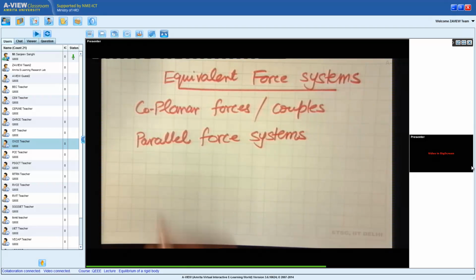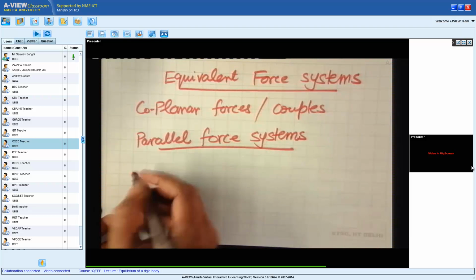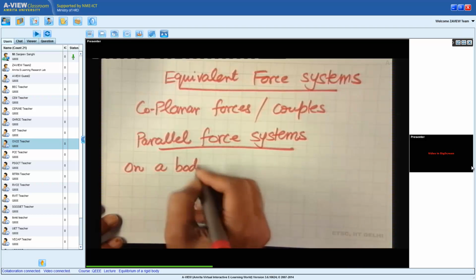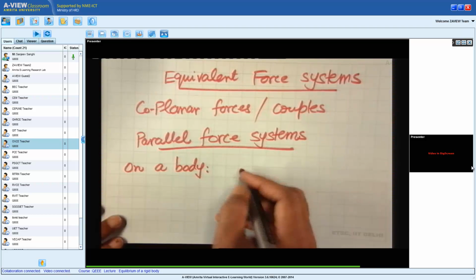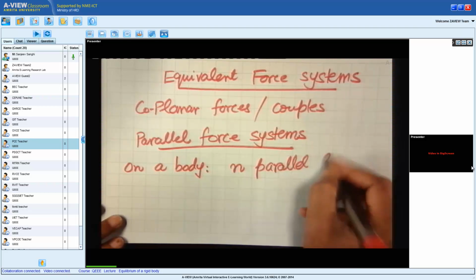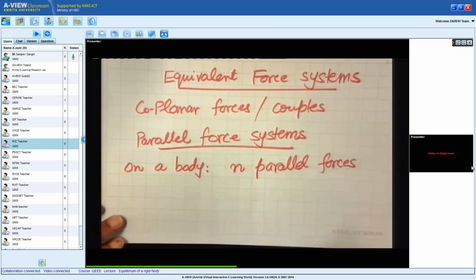So parallel force systems would mean that, let us say, on a body or whatever your system is, there are n parallel forces. So all the forces which are acting on the body, they are parallel.